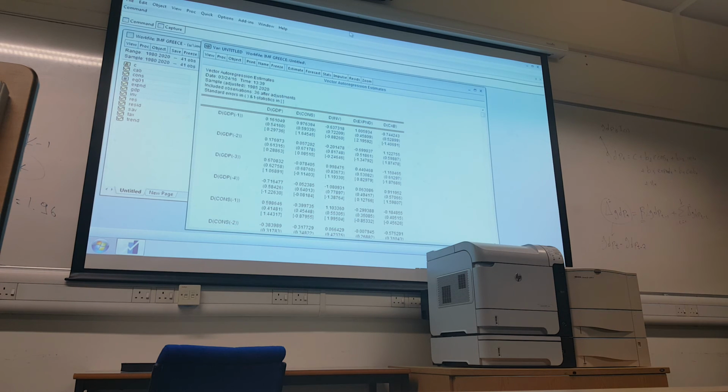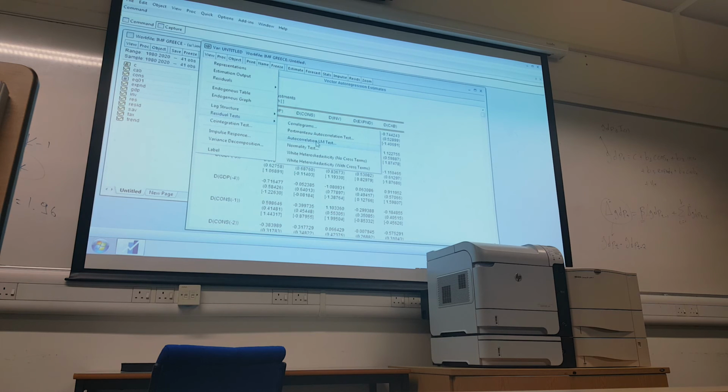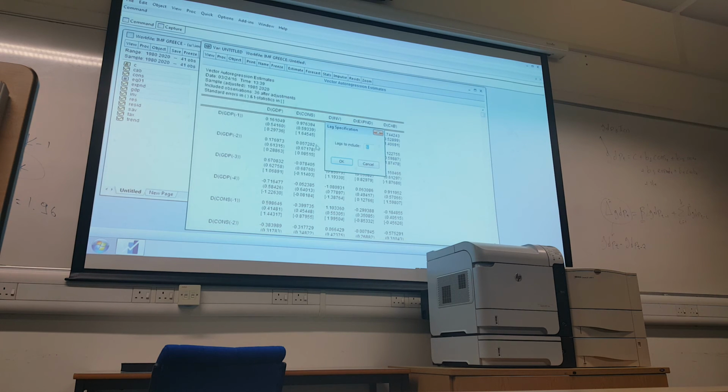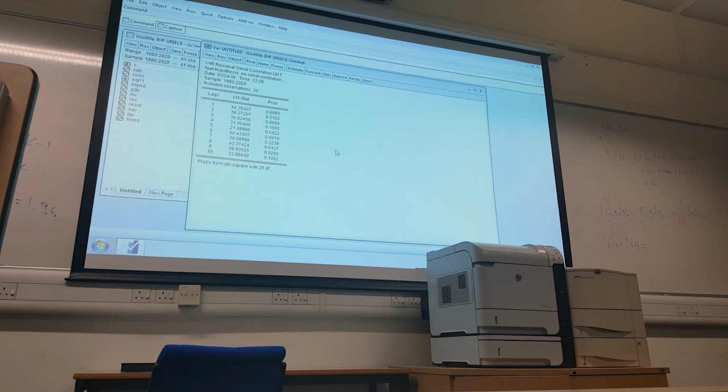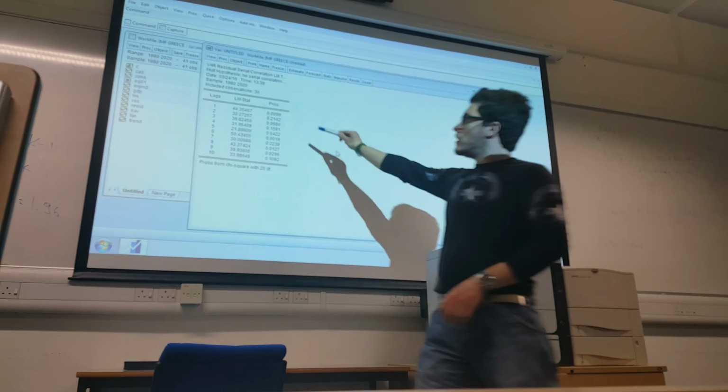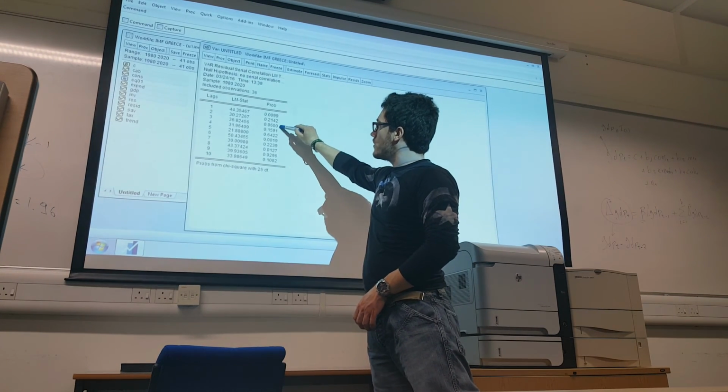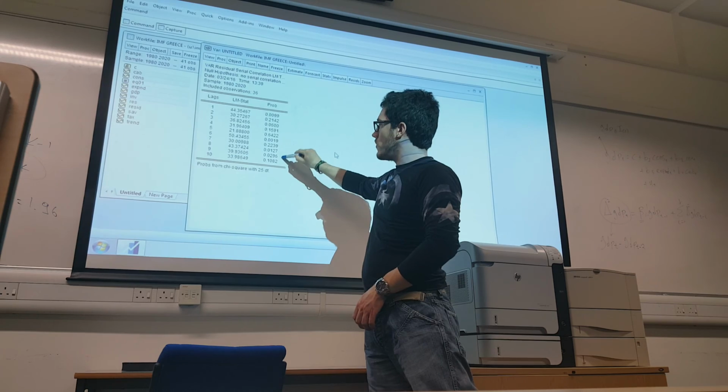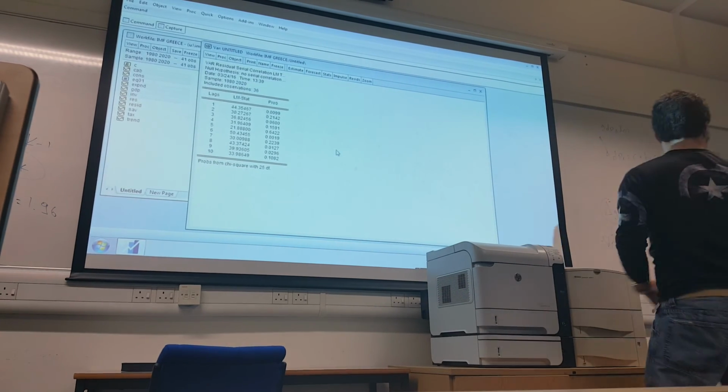If you do that, once again go to View, Residual Tests, Autocorrelation LM Test, lags to include 10, and press OK. As you can see, once again, we have serial correlation in 1, 2, 3, 4, 5. That's way too significant.